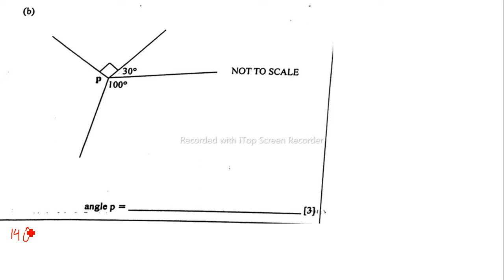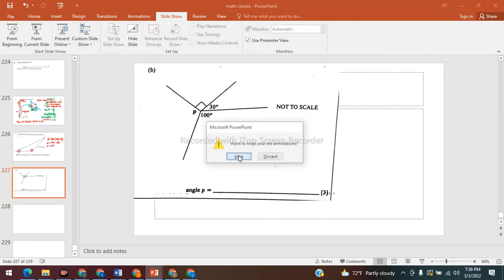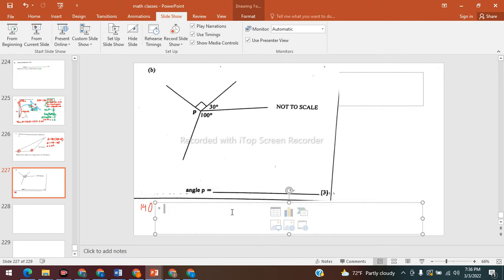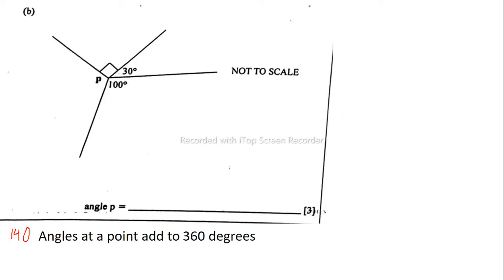Okay, so let's see. What is the rule that is appropriate for this particular question? Angles at a point equal 360. Very good. Angles at a point add up to 360 degrees. So this angle is 100 degrees, this angle is 30 degrees.